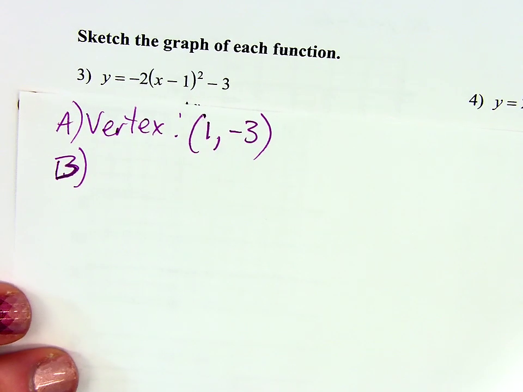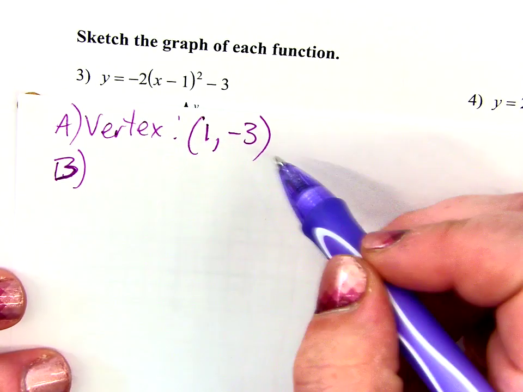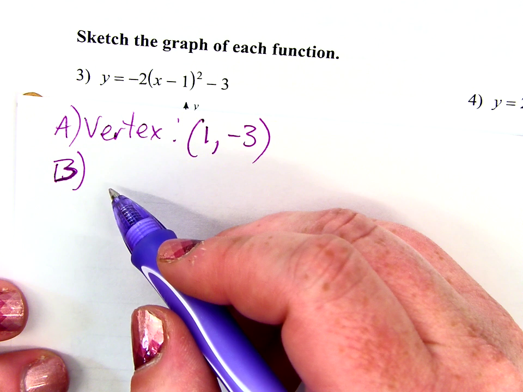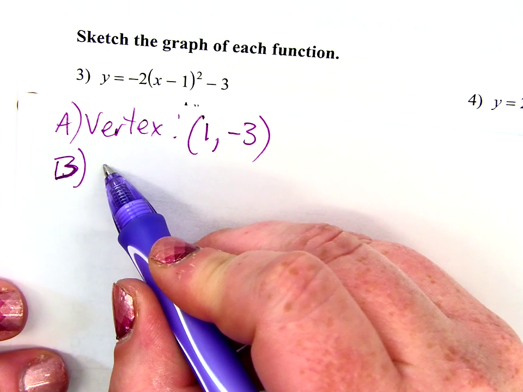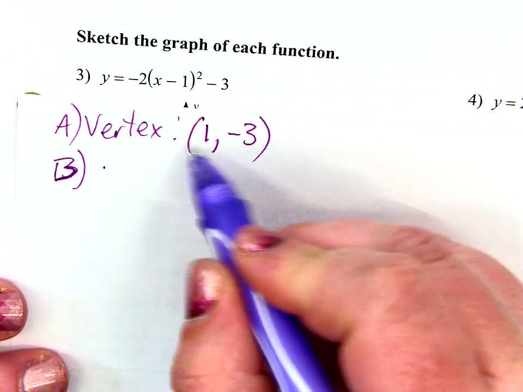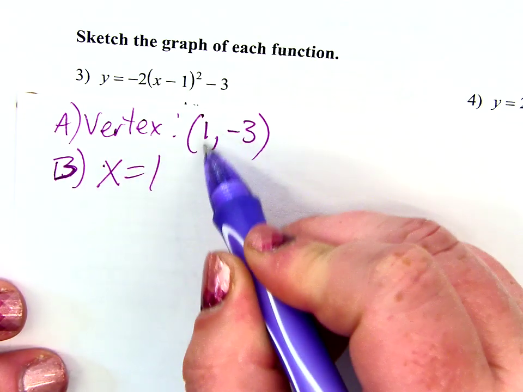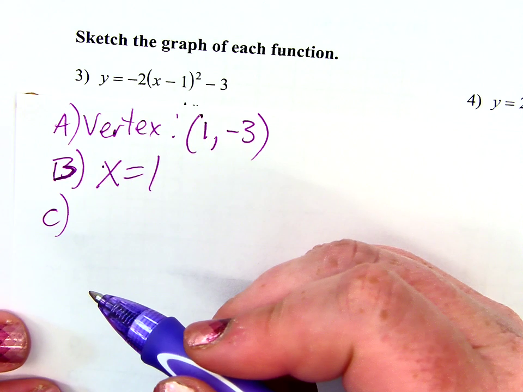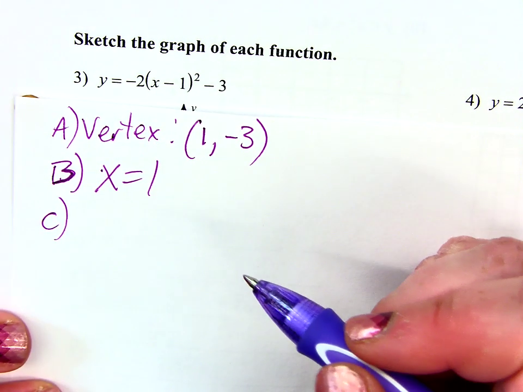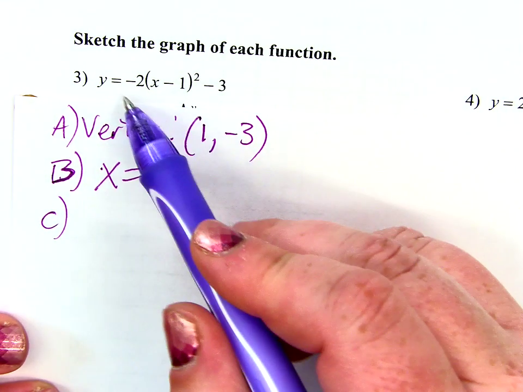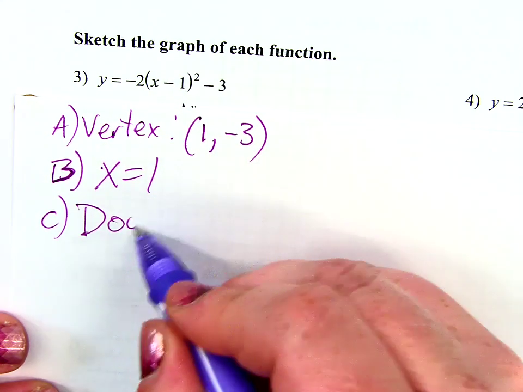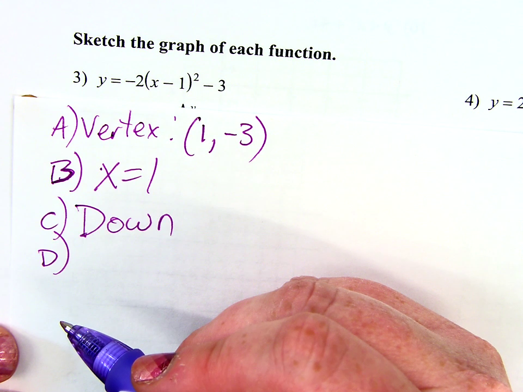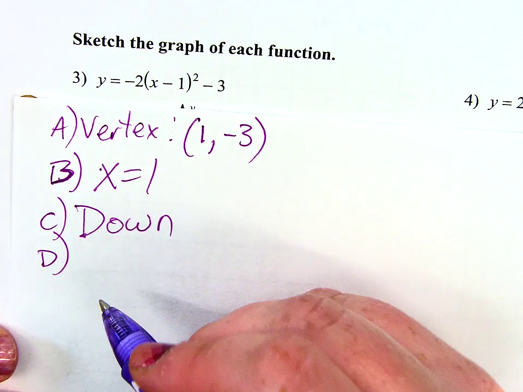But anyway, if I have my vertex, the next thing I'm going to ask you for is the axis of symmetry. You know this one, it's just x equals whatever that number is, make sure you write x equals. The next thing I'm going to ask you for is if the parabola opens up or down. Down in this case. I'm going to ask you if the vertex is a max or a min.